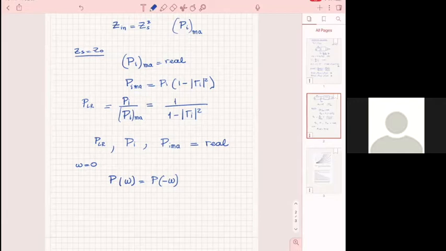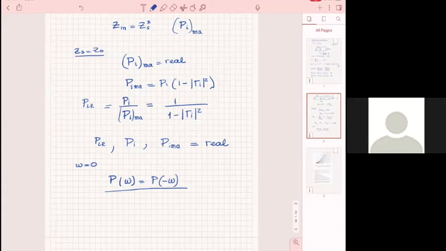So in any case, you may say, well, what does a negative frequency mean? And I will tell you, nothing much in the real world, but in the Fourier domain, it has meaning. The frequency domain, the way we introduced it, is a mathematical domain.